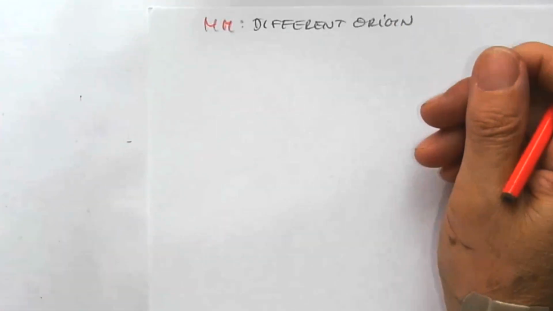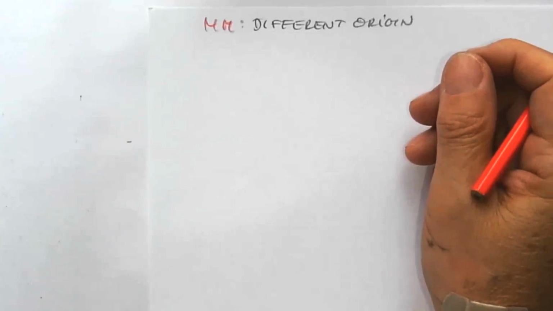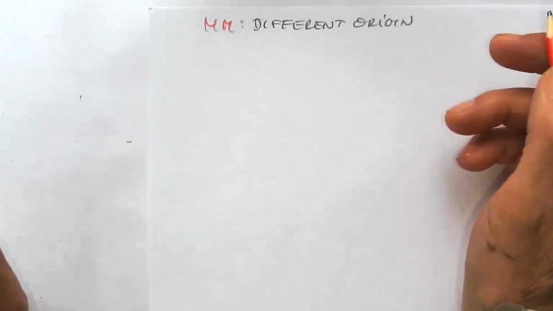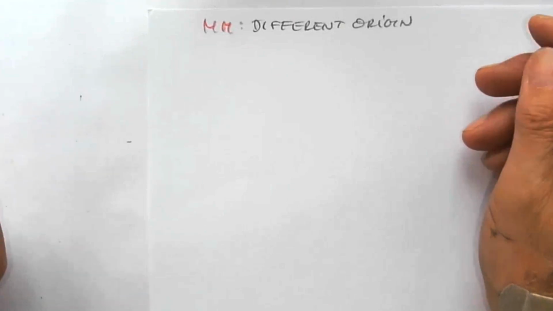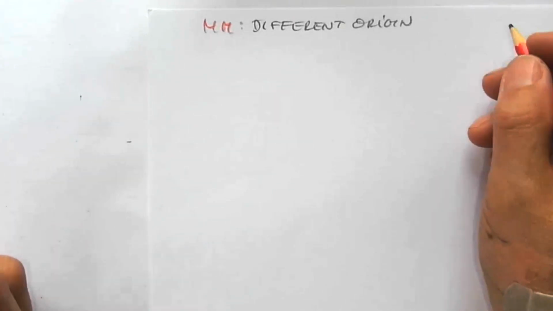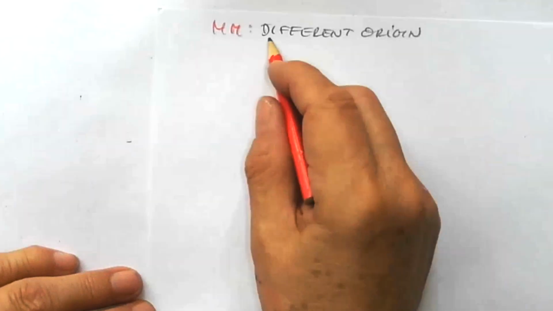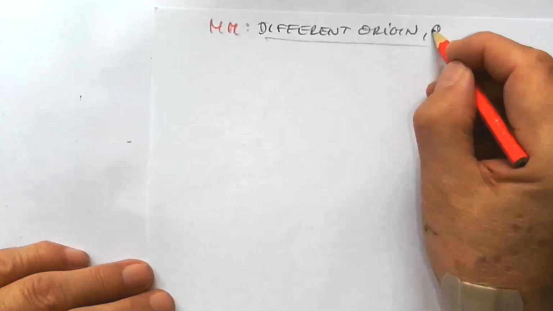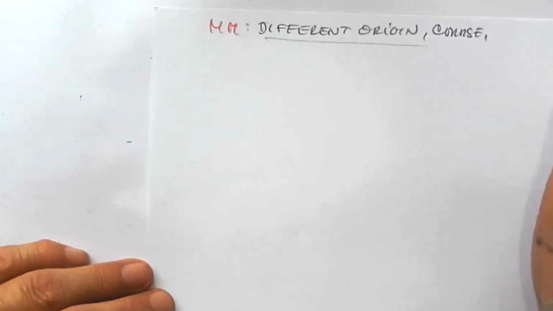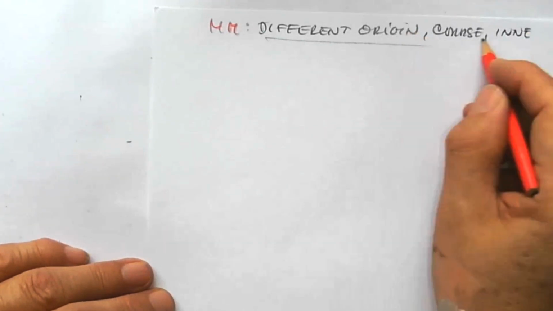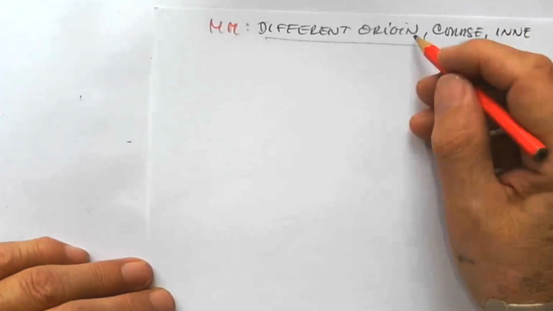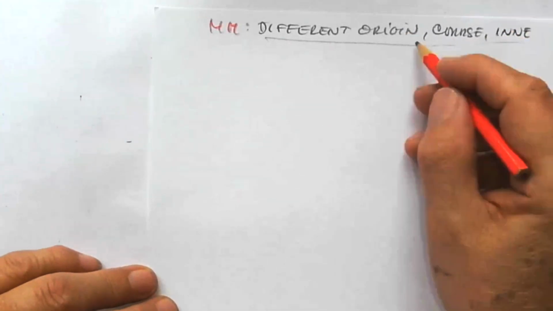We remember that definitely the arch, the first one is innervated by the trigeminal nerve. The second one is hyoid, innervated by nerve number 7. The third is innervated by nerve number 9. So this is what we remember. A different origin, course, innervation. It is better to say if they have different origin, it means that they develop together with their nerves.